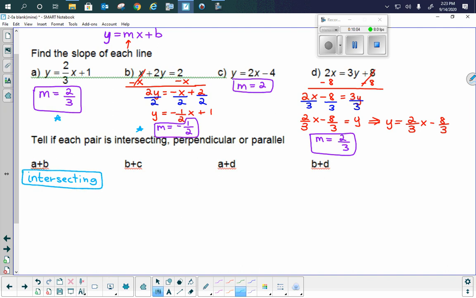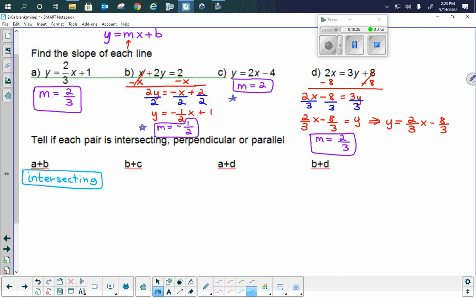Okay, and now we'll go to B and C. So get rid of some of those. If we go to B and C, now we're looking at this slope of -1/2 and this slope of 2. And you should recognize that one of them's 2/1 and one of them's -1/2.